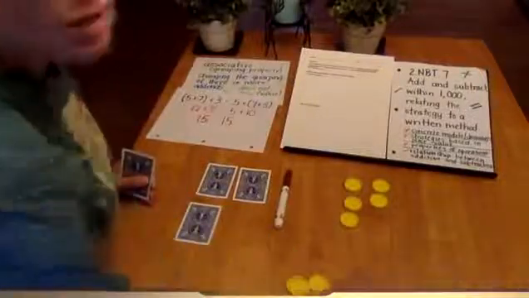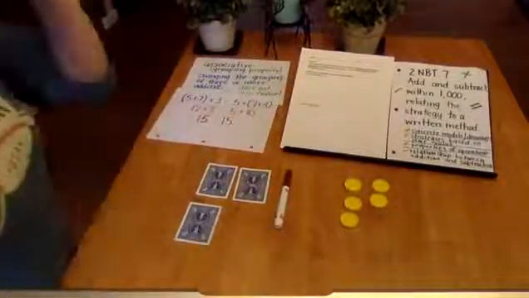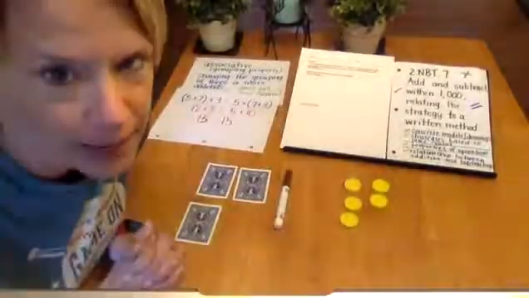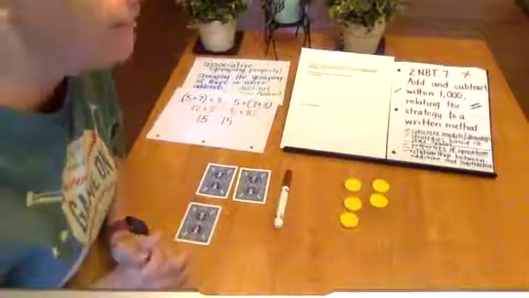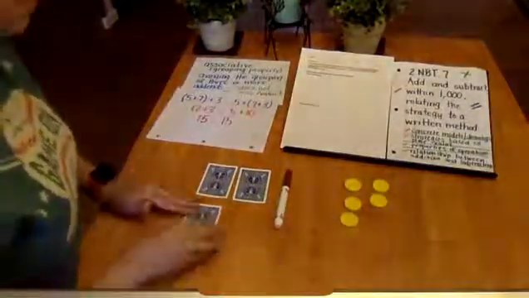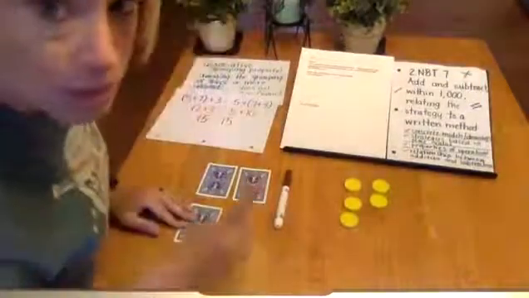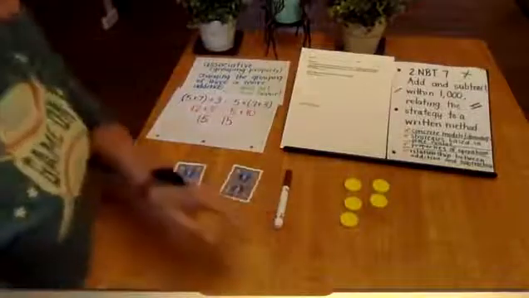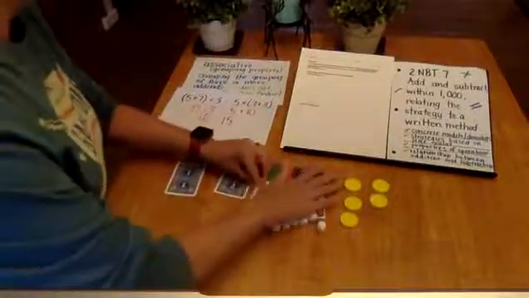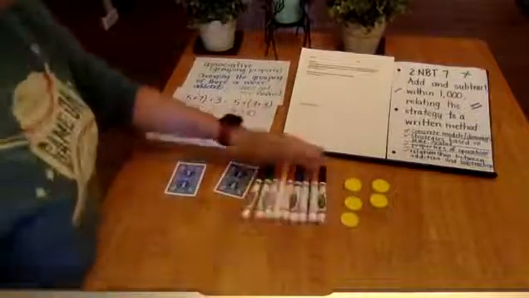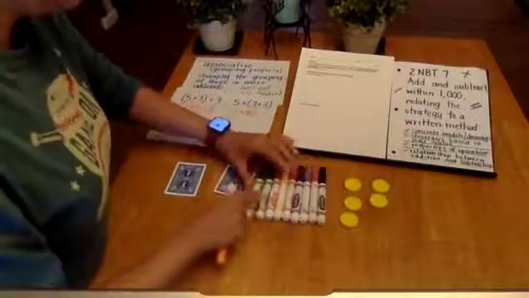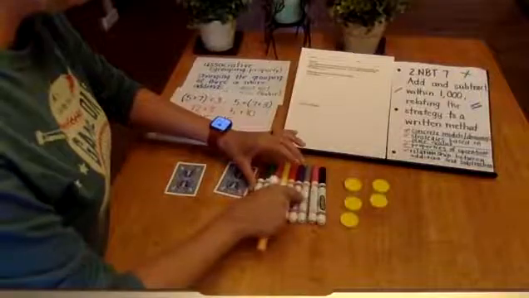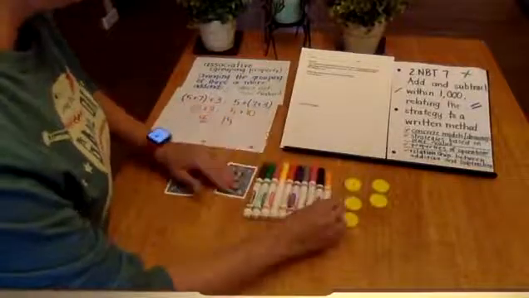Okay. Also want to make note that I can show 315 a different way. I don't know that I have that many markers, but watch, I want to show you something. So I could say 100, 200, 1, 10, 20, 30, 40, 50, 60, 70, 80, 90, 100.